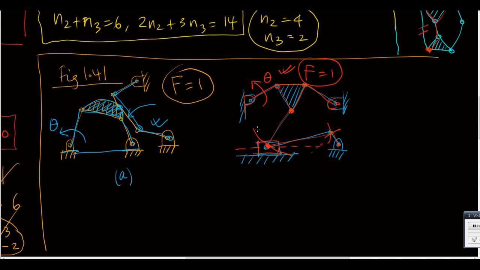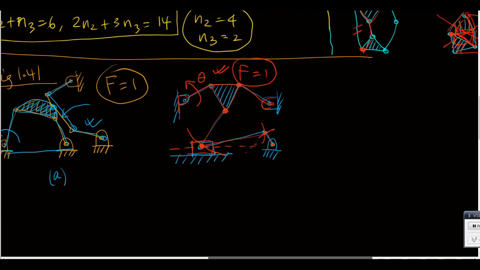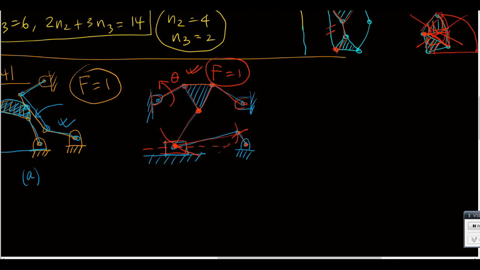Okay. Now this one, this is problem B. Now let's do C. C is a little more interesting. Let's try some greenish color here. So C looks like this.